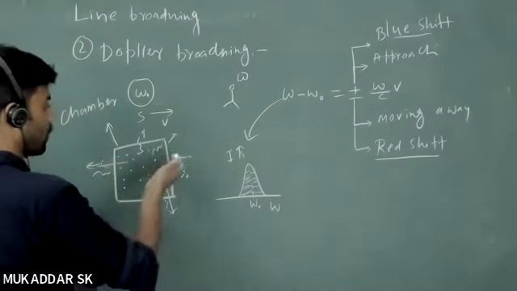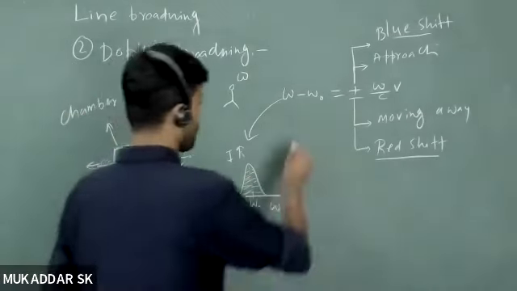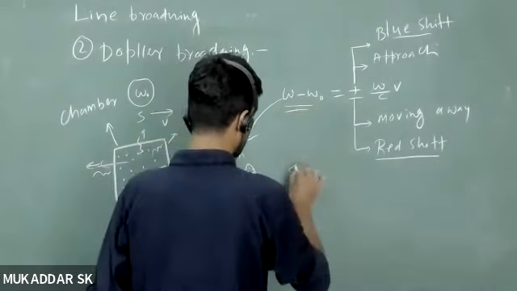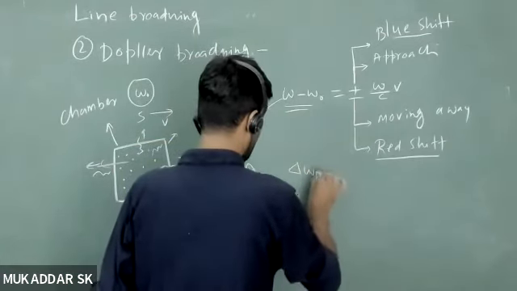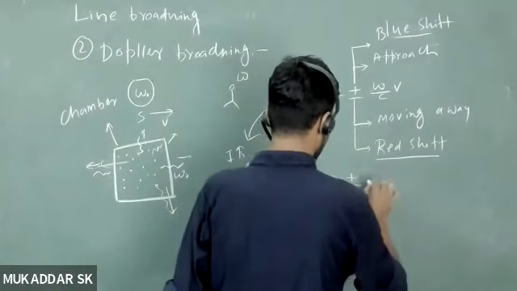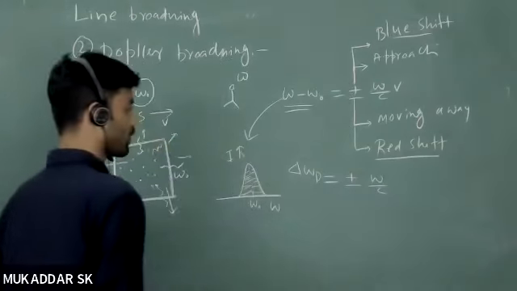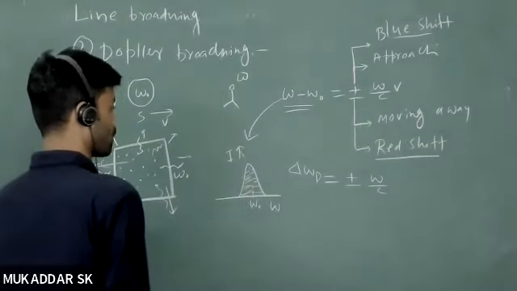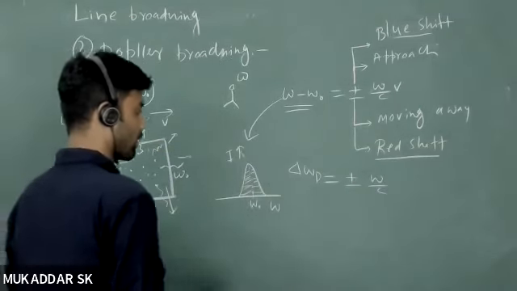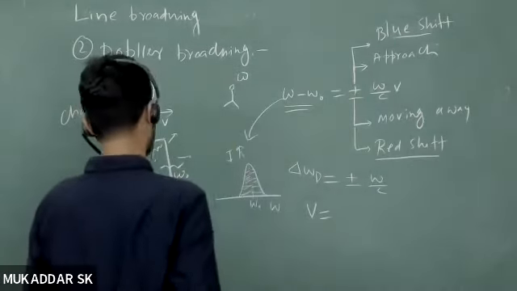And the same thing, the Doppler effect: due to motion, this shift is happening. So this will be how much? Let us assume delta omega D, and that will again be plus or minus omega naught times v by c. And what will v be now? Here v is the most probable speed, because we are talking about atoms, right?